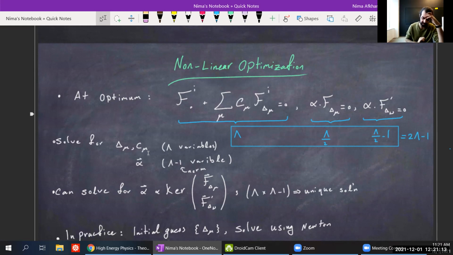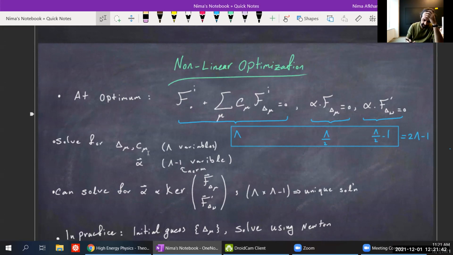So I have lambda minus 1 variables here, so the total number of equations and unknowns always matches as long as you manage to write some Lagrangian that you're optimizing. It's just for me a bookkeeping device. You can try to just write down the equations you need to solve, but this helps me keep track, especially when I move on to the more complicated case of correlation functions where there's multiple channels and so on. That we'll discuss in a minute.